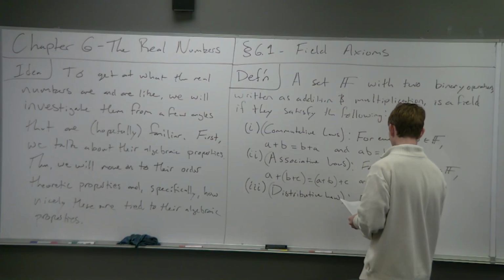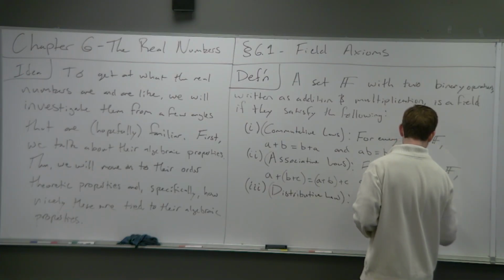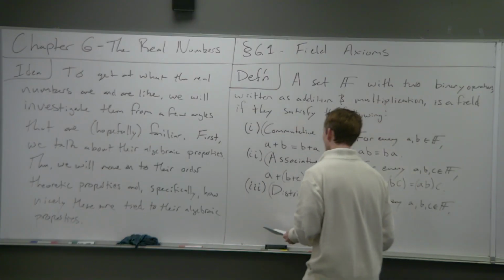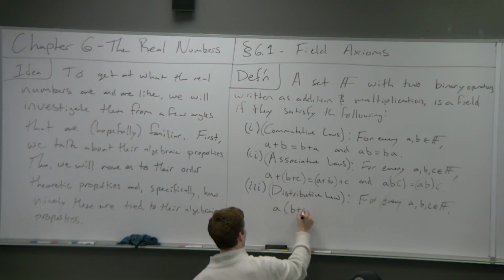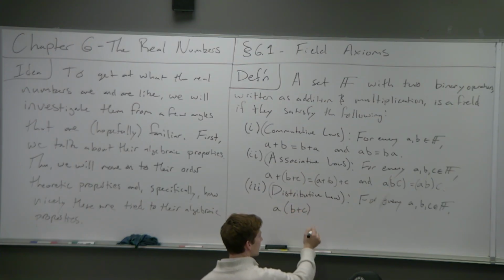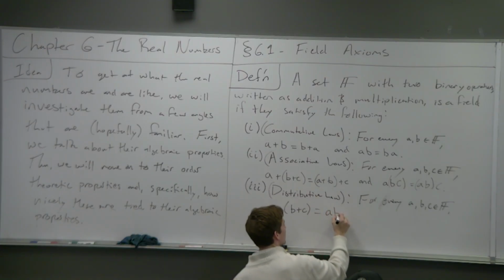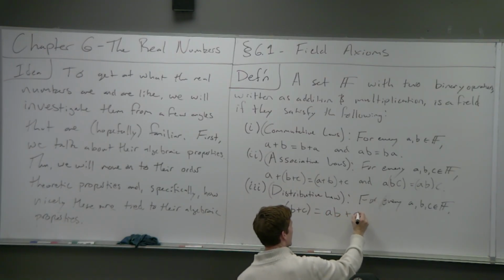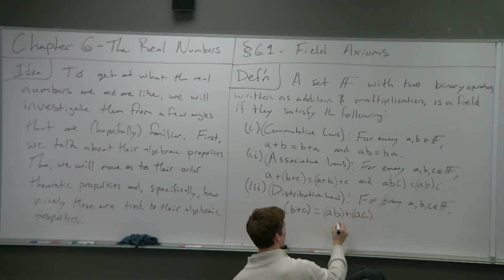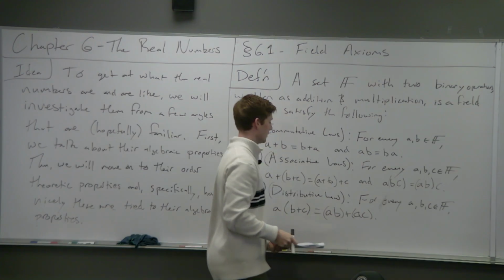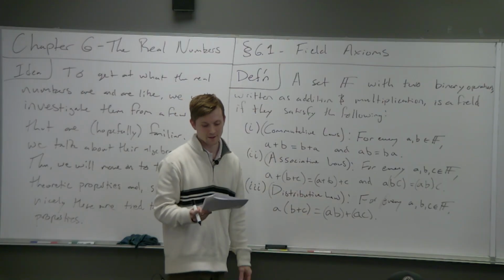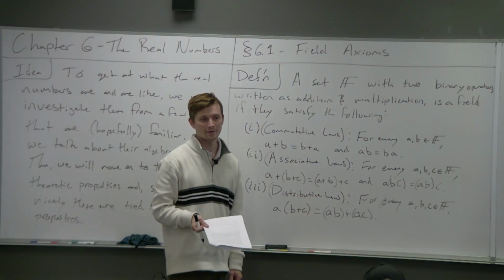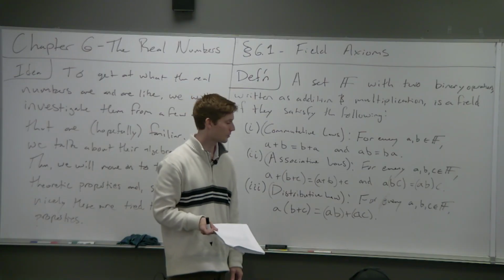For every, I'll say every instead of any, A, B, and C in the field, if you take a product of a sum, that is the sum of the products. Yeah, that is, you can distribute multiplication across addition. Kind of nice, yeah? Okay, cool, cool.